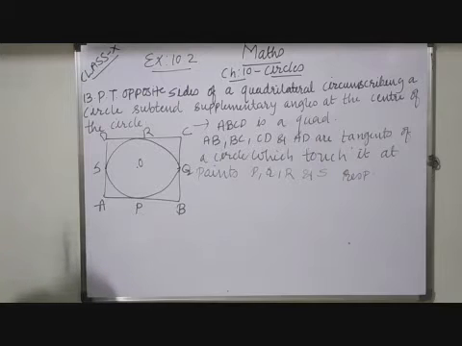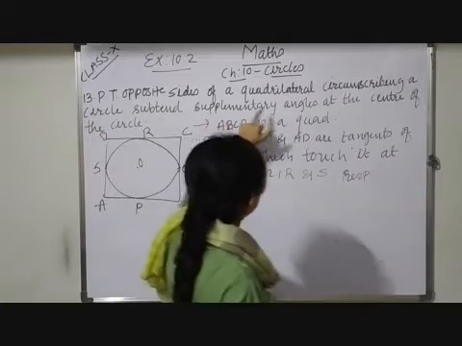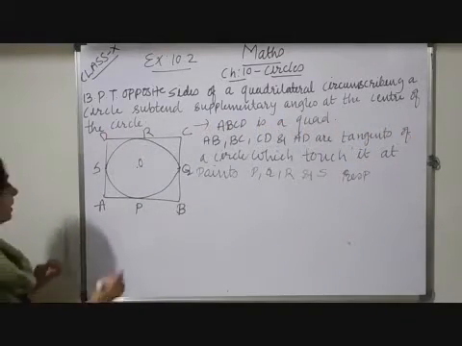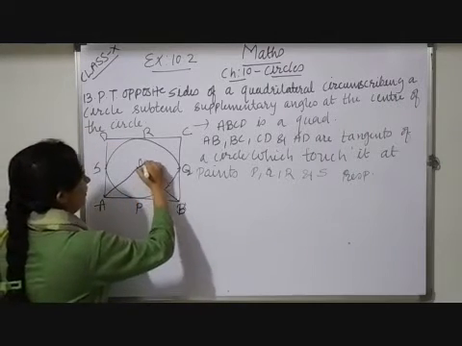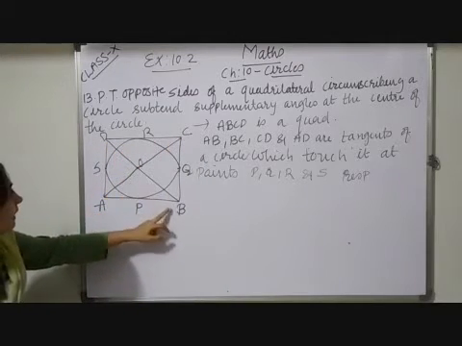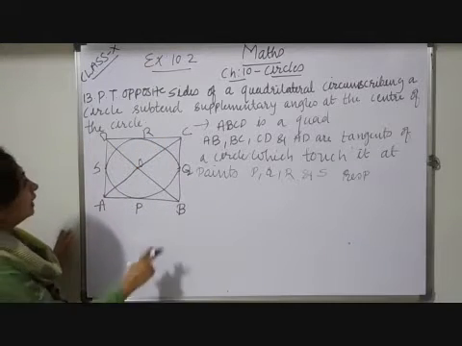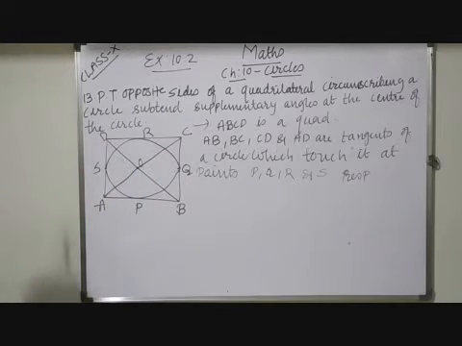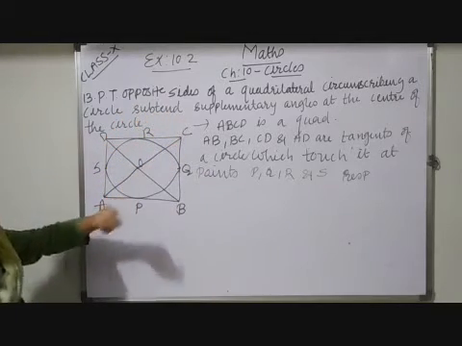Now here, what do I have to prove? Opposite sides of a quadrilateral circumscribing a circle subtend supplementary angles at the center of this circle. So if I join the center, here I have to prove angle AOB plus angle COD is equal to 180 degrees, and angle BOC plus angle AOD is equal to 180 degrees. Why? Because opposite sides are specified, so I cannot take adjacent angles.